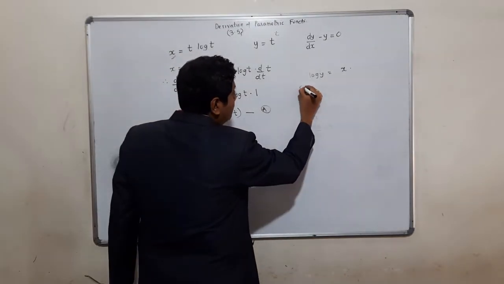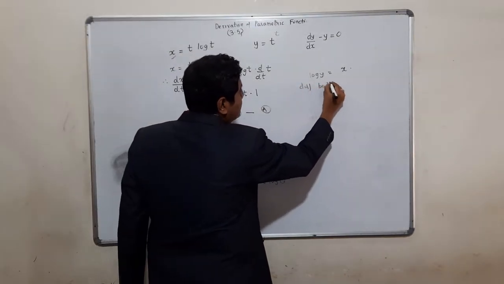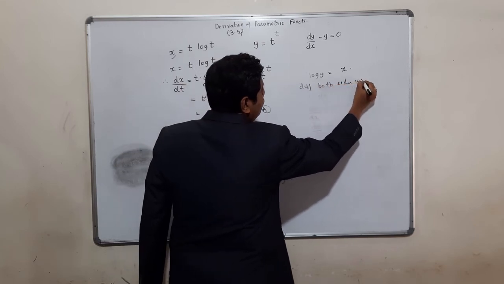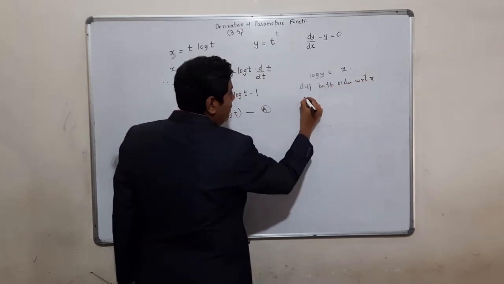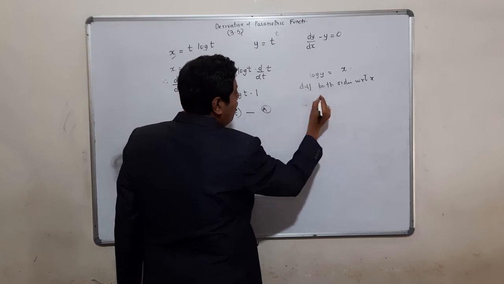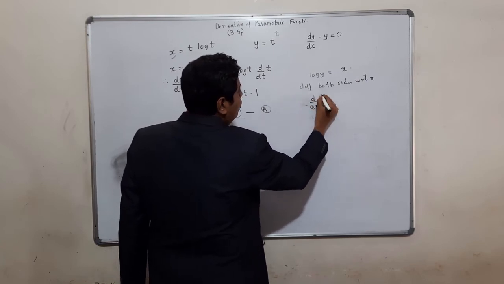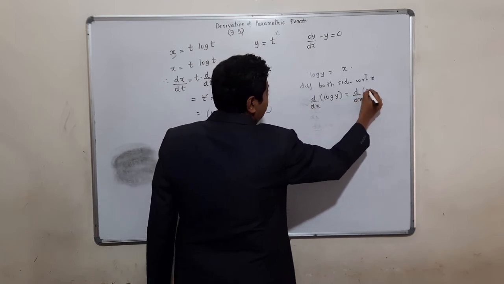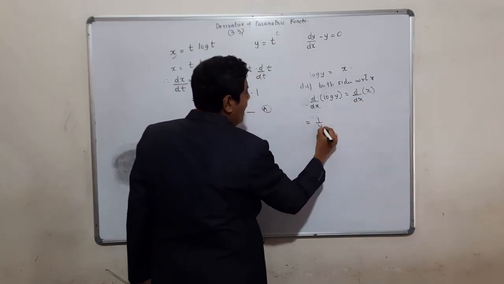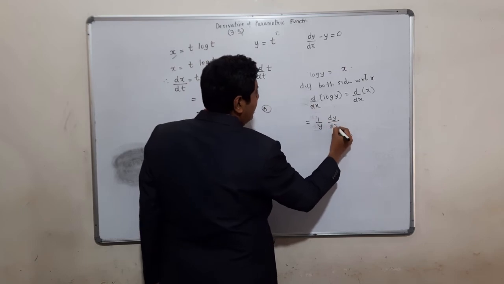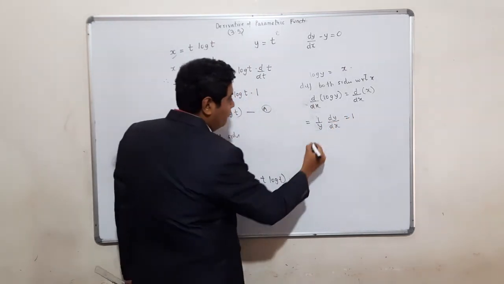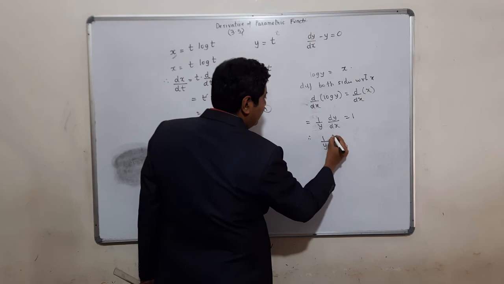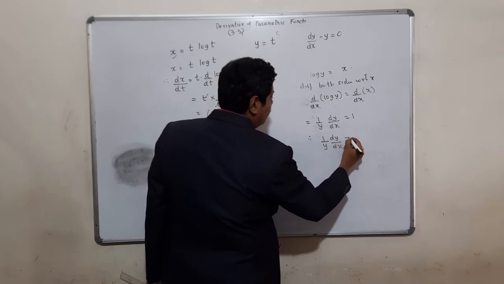Therefore differentiating both sides with respect to x, it will be 1 upon y, d by dx of log y is equal to d by dx of x. So this becomes 1 upon y dy by dx is equal to 1.